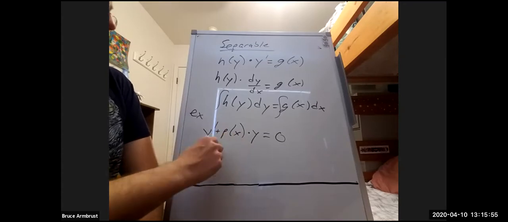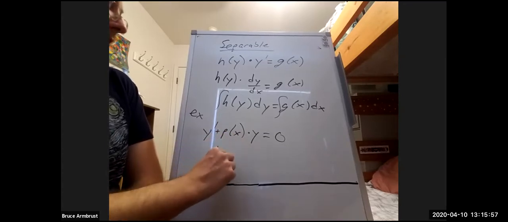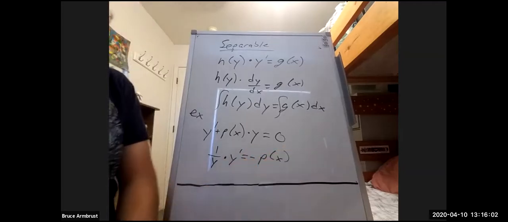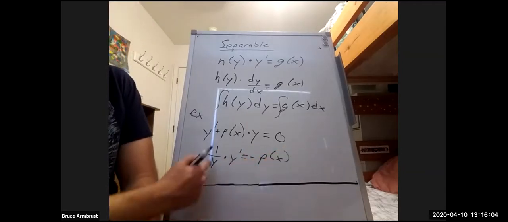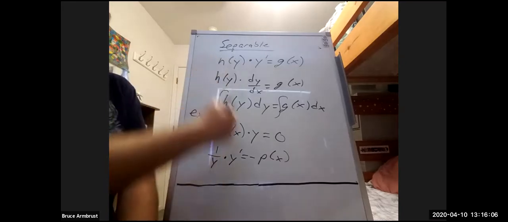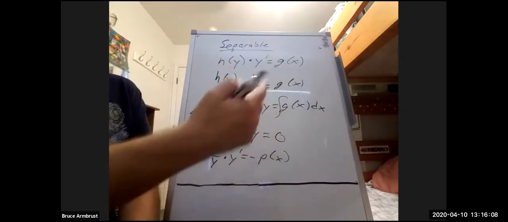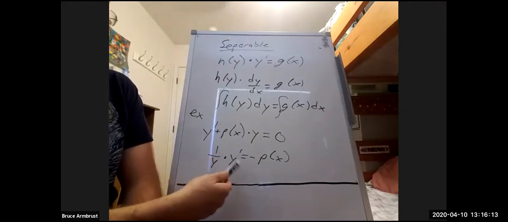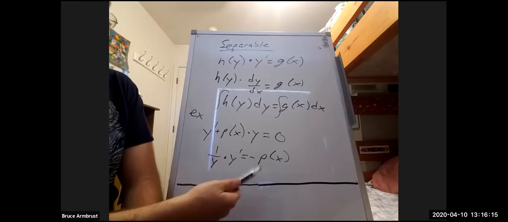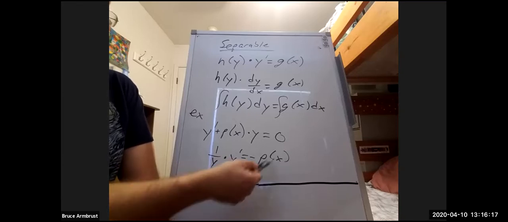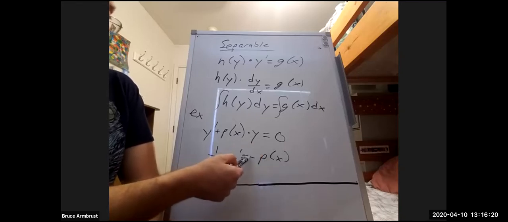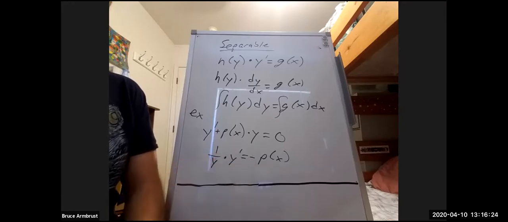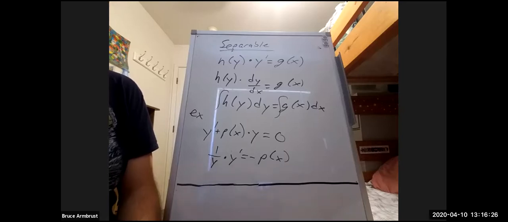If we move things around, we end up getting 1 over y times y prime equals negative p of x. So 1 over y would be our h of y, and the minus p of x is our g of x. We are ready to go and we could integrate. And in fact, you can see now where that solution comes from, right? We integrate p of x, make it negative, and then it ends up being e to that power, because 1 over y gives us a natural log.